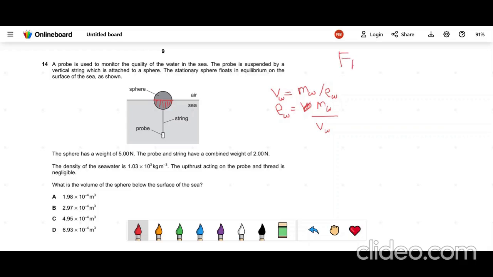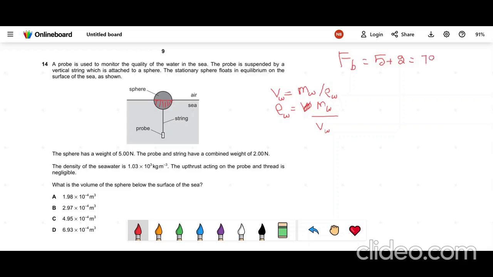So what is the buoyancy force? The buoyancy force will be equal and opposite to the force exerted by the sphere and the string. No external force is given. The only force acting on the sphere and the string will be 5 plus 2, because of gravity, mg.